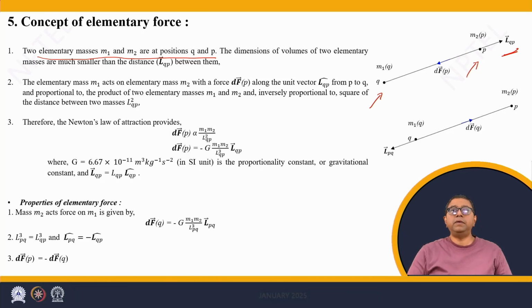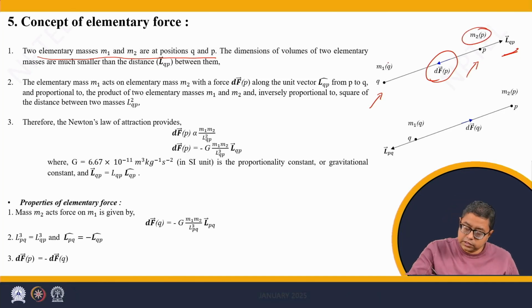Consider an elementary force dF acting at a point P. The masses are m1 for Q and m2 for P. The dimensions of volumes of two elementary masses are much smaller than the distance between them. Hence, they can be understood as point masses.